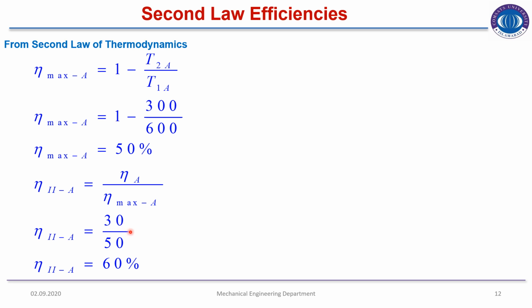Then we have taken the ratio of actual efficiency with respect to the maximum thermal efficiency. So second law efficiency for heat engine A is 60%.